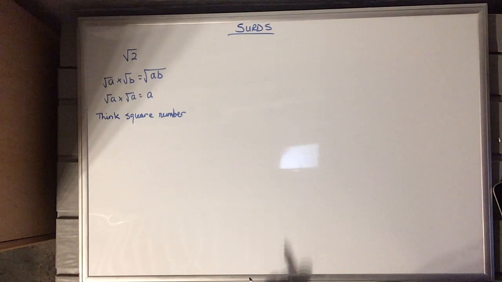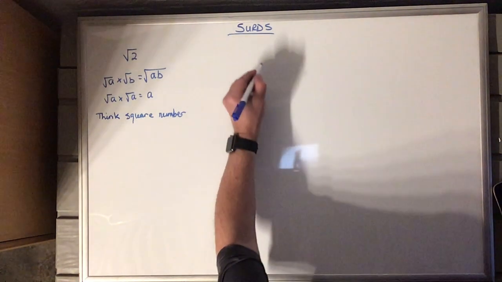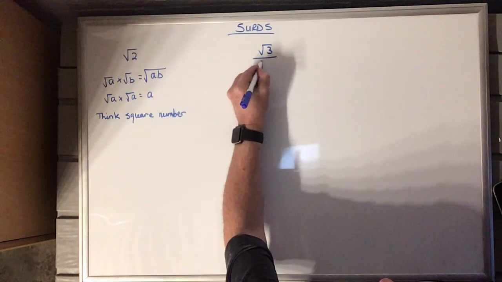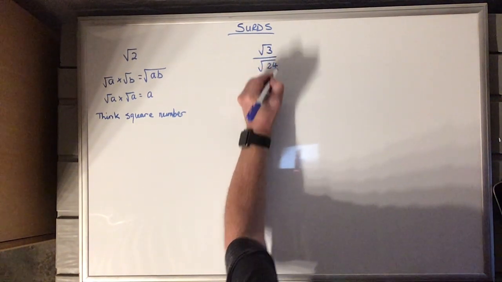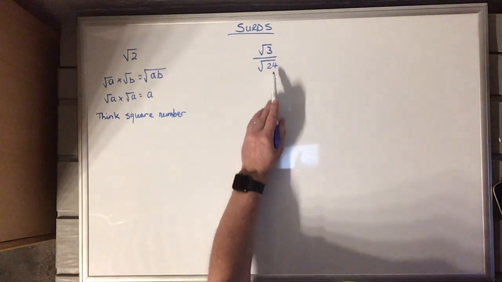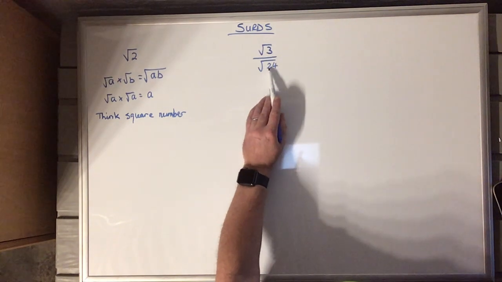So I think the first one we'll attempt is rationalising. So let's look at this question here. Root 3 over root 24. And the question says rationalise the denominator. Now this is a fraction with surds in it, and the denominator is the bottom.